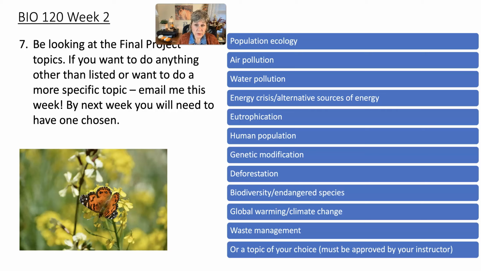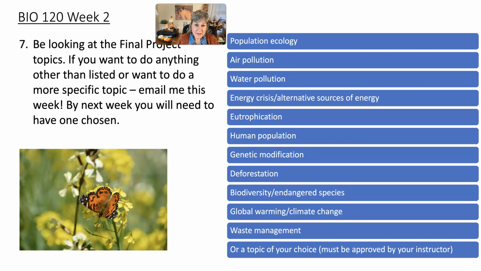Or a topic of your choice. It has to be biology related, of course. Right? Don't pick a sociology project. No, that's not biology. And if you want to choose something different from any of these, you have to ask me, and I have to approve it. And I have been known to say, during that old week 3, when I see what I get, I'll say, nope, that is not going to work for me.